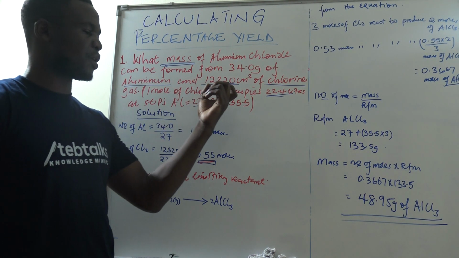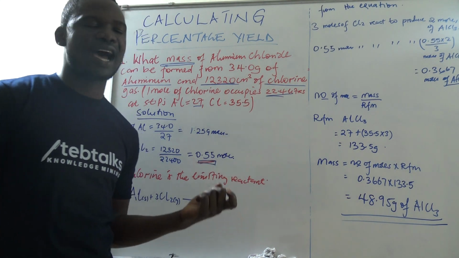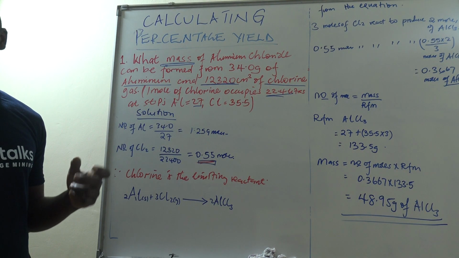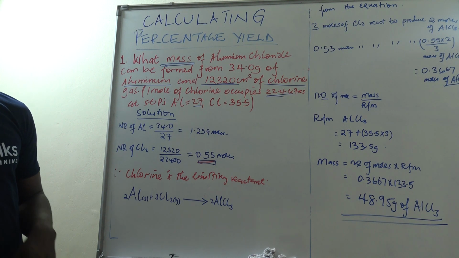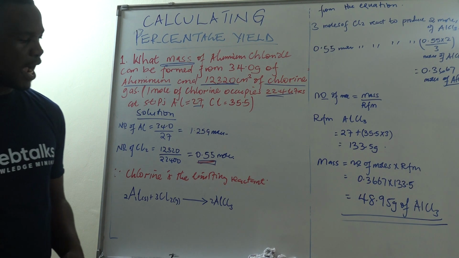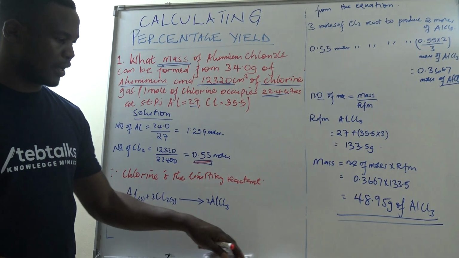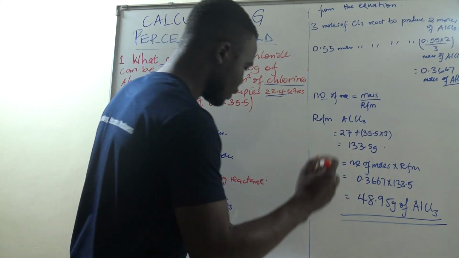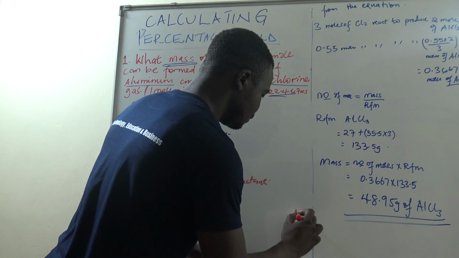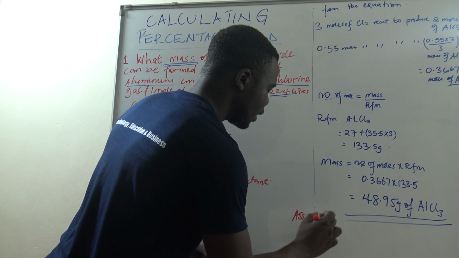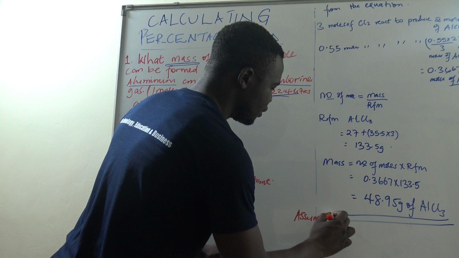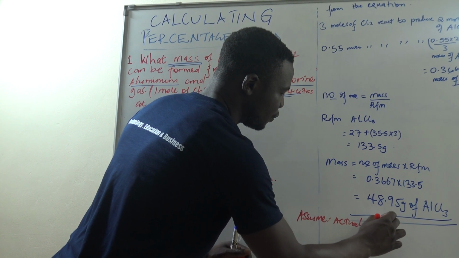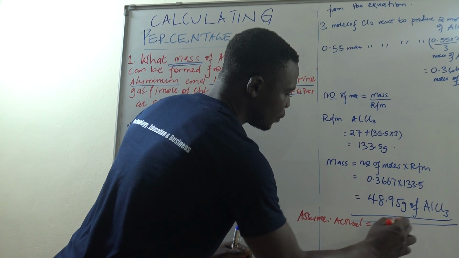Now remember, in this question, they have not asked us to calculate the percentage yield. But if they had asked for percentage yield, this is what would have happened. They would have told us, let us assume that the actual value was maybe 42.4 grams.